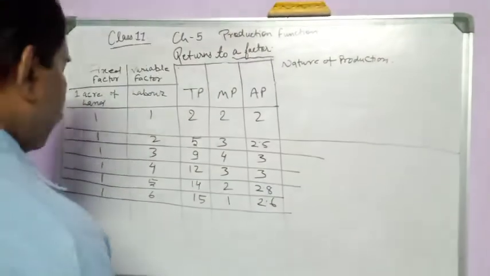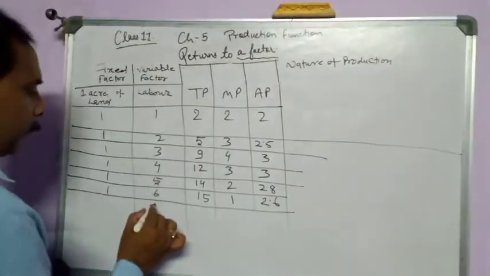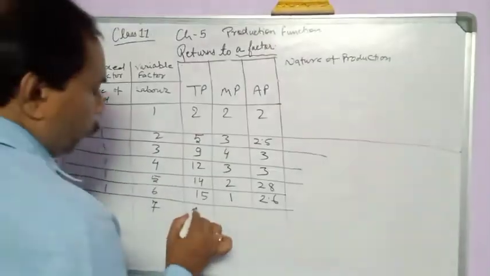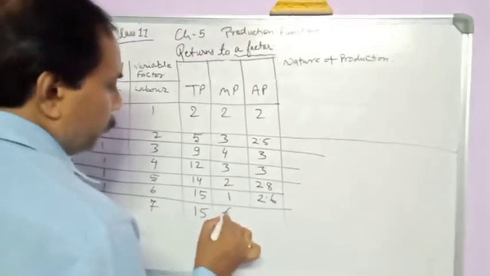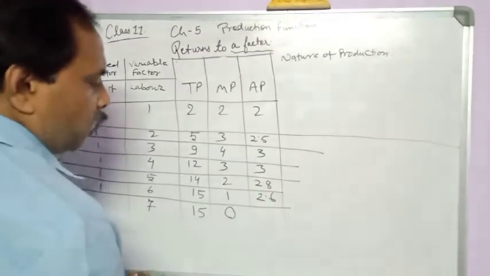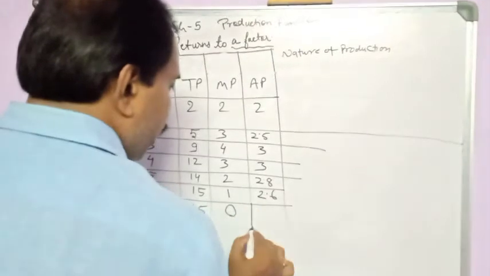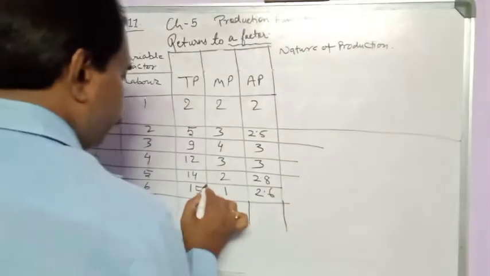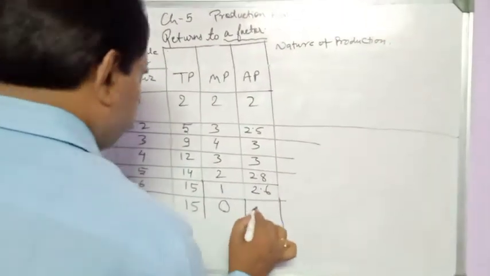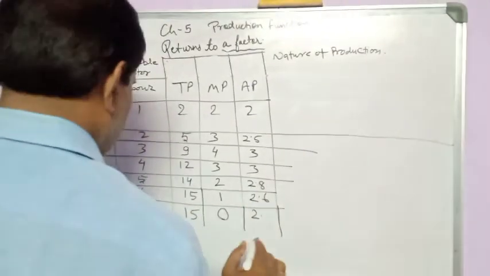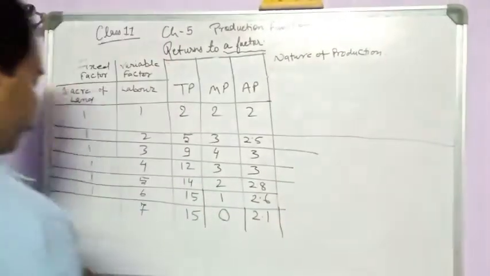Okay, when we apply suppose the seventh labor, our total production does not increase, it means the marginal production will become 0 and the average production will be 2.1.